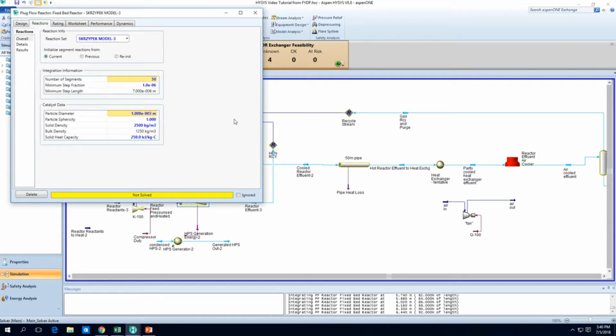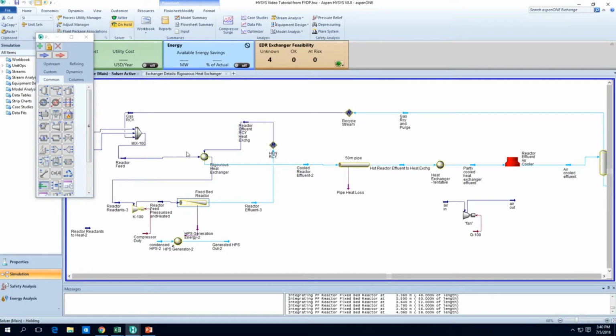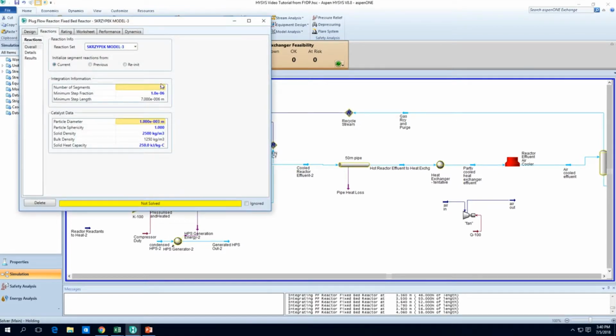By reducing the number of step sizes, of course the accuracy diminishes, but it brings us closer to the actual answer. So if we put 10 segments, we will get maybe 70 to 80% of the way there, but it's going to be much faster.